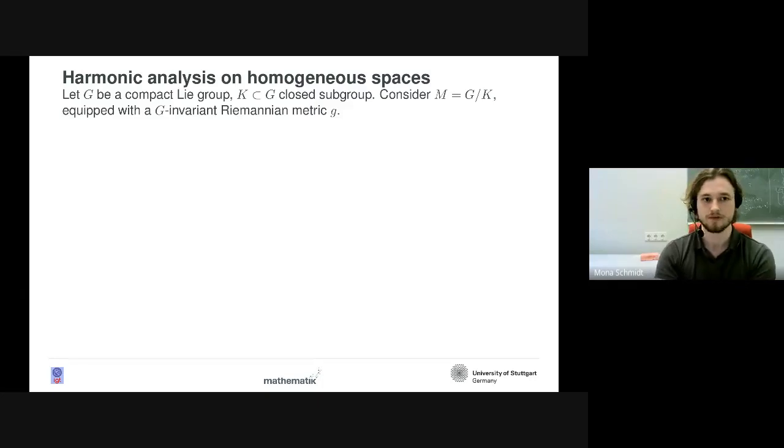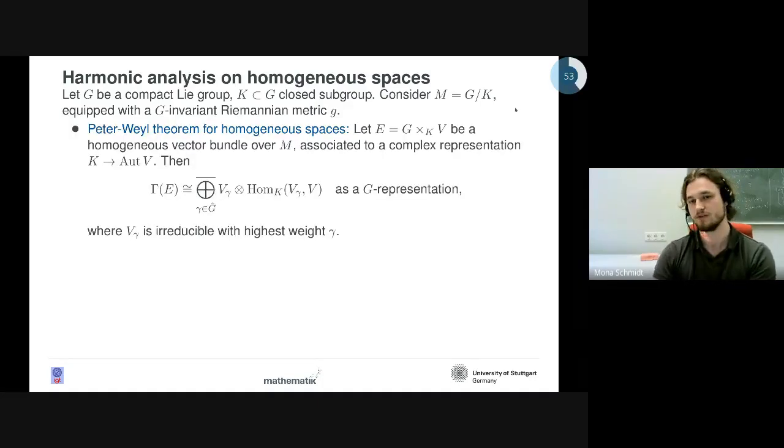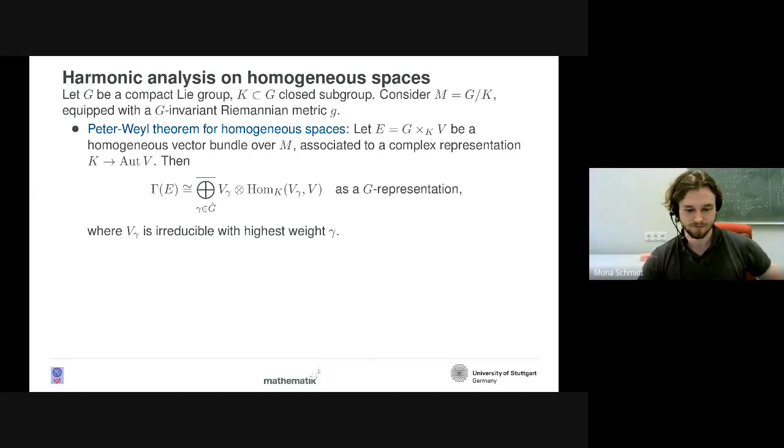Now we use harmonic analysis to tackle this question. Remember, we want to study the spectrum of the Lichnerowicz Laplacian. And the spectrum of a Laplacian, that's harmonic analysis. So in its full generality, we have the Peter-Weyl theorem for homogeneous spaces. It looks a bit intimidating, but I'll explain it in a moment.